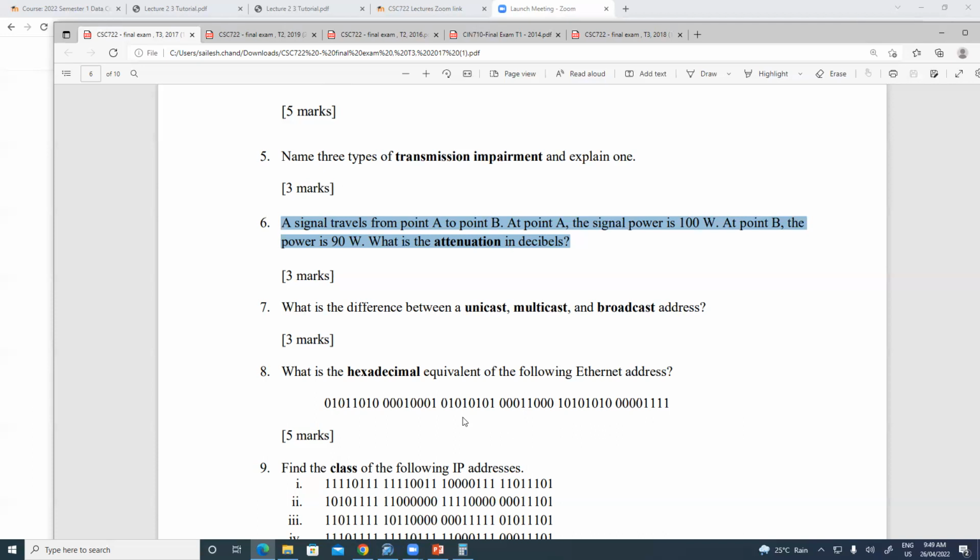All right, so this is quite simple here. That's 10 log P2, which is 90, and 1. What answer do you get?